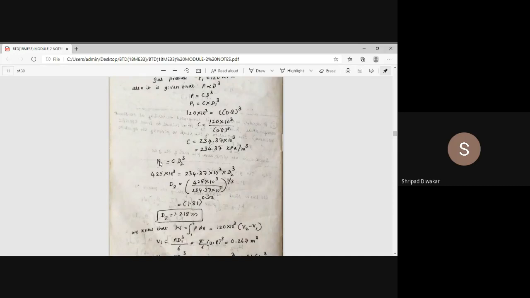Okay, P2 is given as 425 kilopascal in the problem. We convert it into 425 into 10 to the power of 3, that is in Pascal. We have found the value of C, 234.37 into 10 to the power of 3.